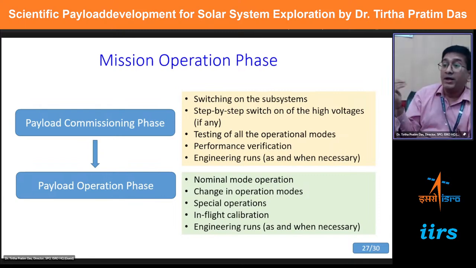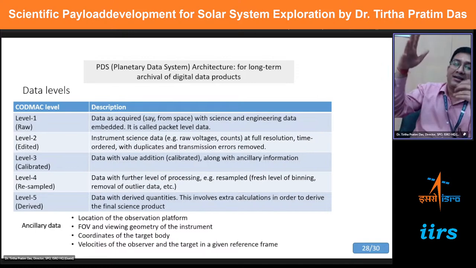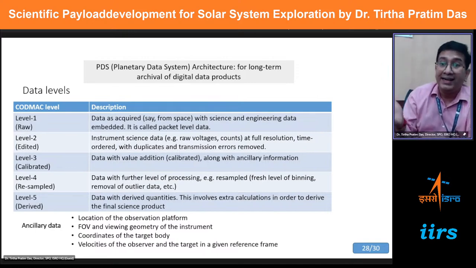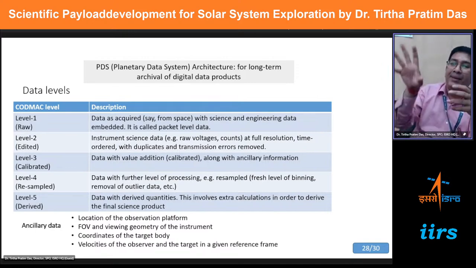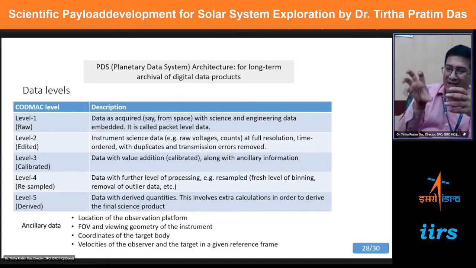Or you may have some requirements of special operations, or in-flight calibration is also an operation. Engineering runs also sometimes you have to do, as and when necessary, in the mission operation phase itself. And in this whole process, you go on generating data, and this data is coming in the raw form to the ground station, which we call the raw data.